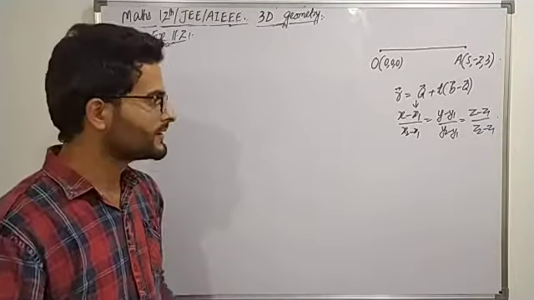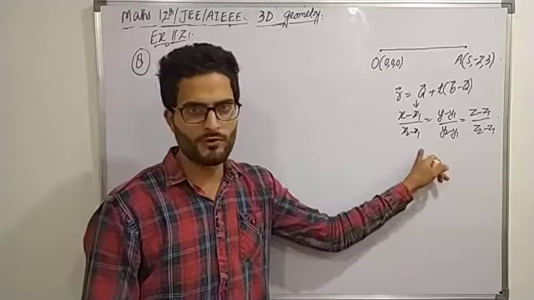So r vector is equal to A plus t times B vector minus A vector is the equation of a line passing through 2 given points in vector form, and x minus x1 divided by x2 minus x1 is equal to y minus y1 divided by y2 minus y1, and that's equal to z minus z1 divided by z2 minus z1 is the equation of that same line passing through 2 given points in Cartesian form, right?